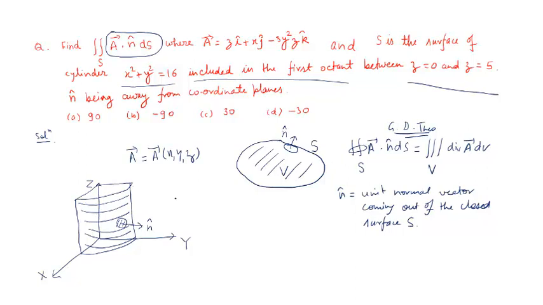So if we want to apply Gauss Divergence theorem, we will have to form a closed surface of which it is a part. This will be a rather difficult job, to first make it a closed surface by adding a few more surfaces and then apply the Gauss Divergence theorem, and then to find the surface integral over S only, we will have to subtract the surface integrals along the new surfaces added.